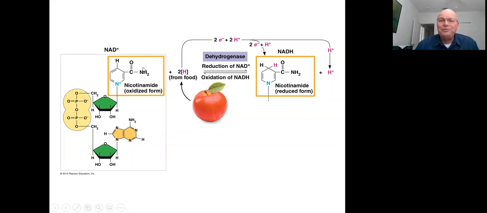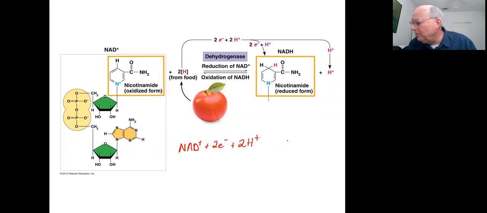And remember, a hydrogen is the equivalent of an electron plus a hydrogen ion. So the addition of the second hydrogen to the ring is the addition of the second electron. So we typically write the equation for this as NAD+ plus 2 electrons plus 2 hydrogen ions gives NADH plus a hydrogen ion.